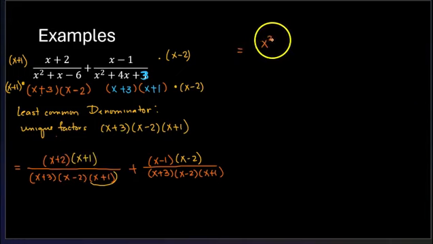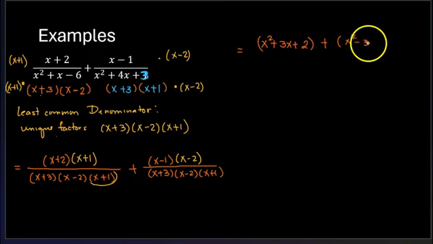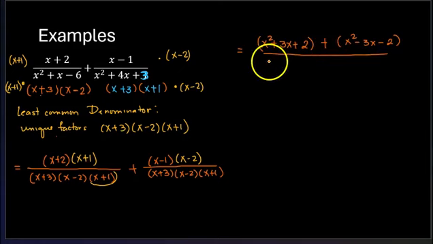So that's x squared plus, you can either do the FOIL or the long multiplication. You can pause the video and see. Then plus, I'll also multiply this: x squared minus 3x minus 2. Okay. Then we can have this as a single fraction already. I'm going to just write the denominator once.